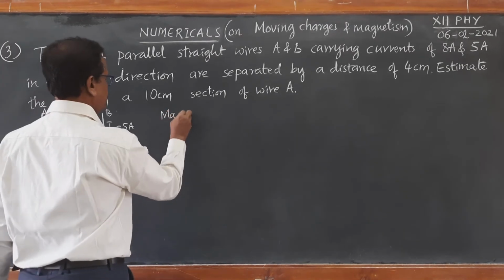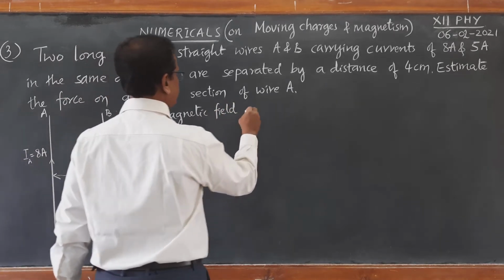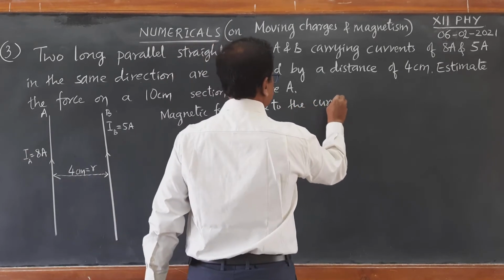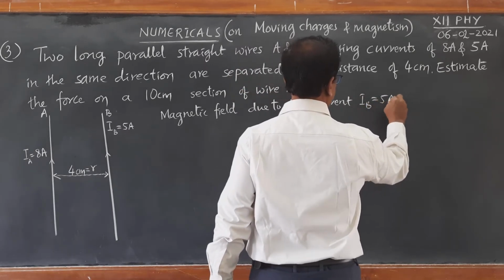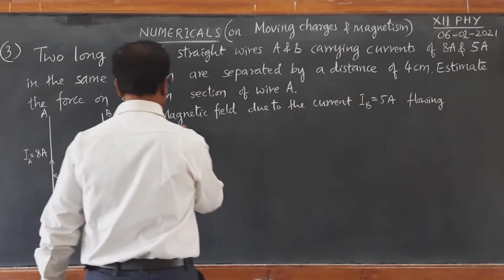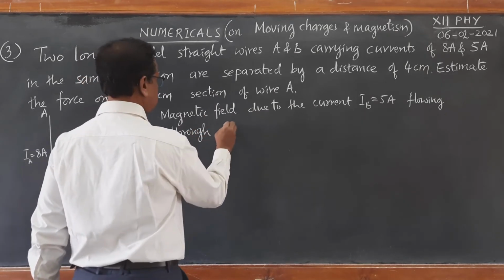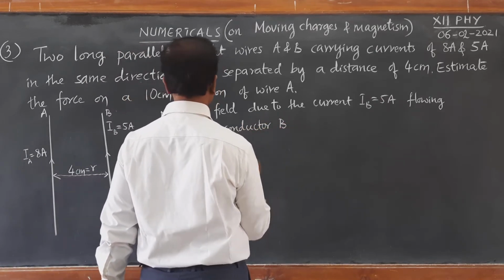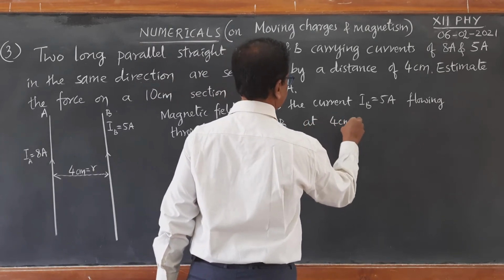So magnetic field due to the current IB equal to 5 amperes flowing through conductor B at 4 centimeter distance.